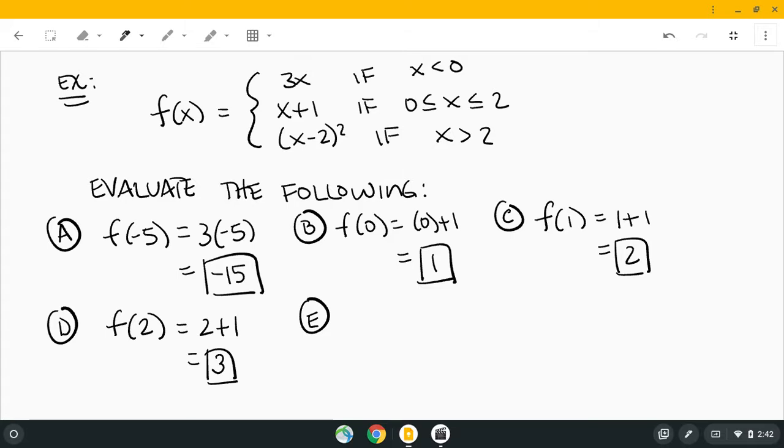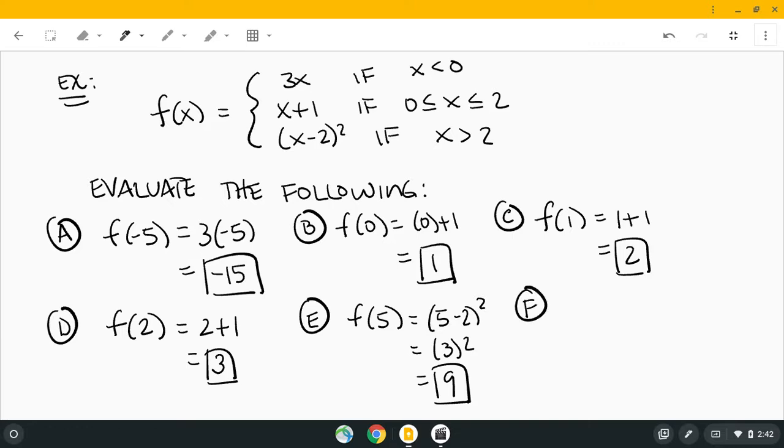And try this one, f of 5. Hit the pause button and come back. So 5 falls over here. 5 is greater than 2, so I'm going to use this function. So (5 minus 2) squared, that is going to be 3 squared, and that will give me 9.